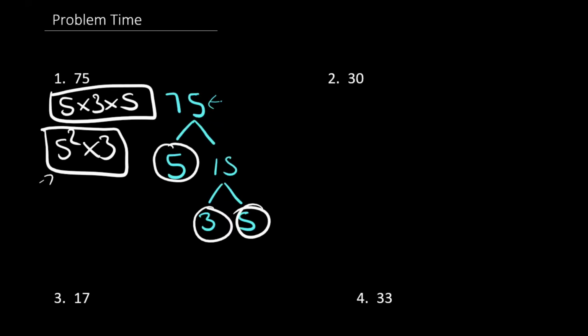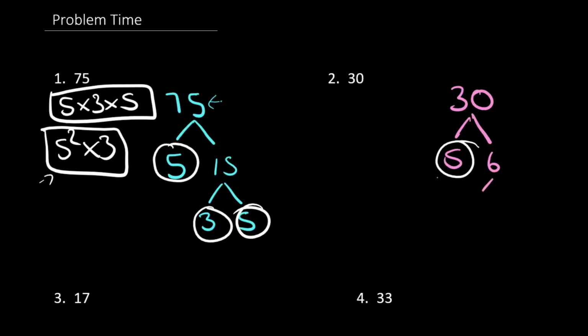Now let's do the second question. 30. Okay, so we just write 30 down. Now, let's break it down. So 30 is divisible by 5, so let's use 5. So 5, and then 5 times 6 is 30. So 5 is a prime number and 6 is not, so we have to keep going.